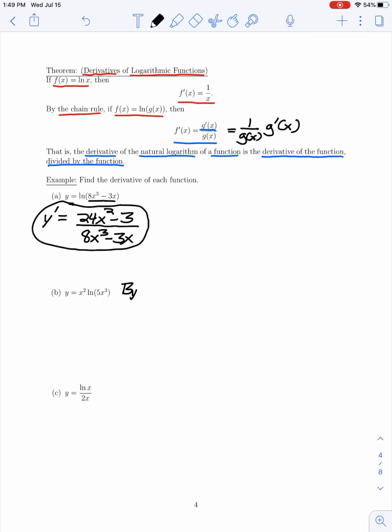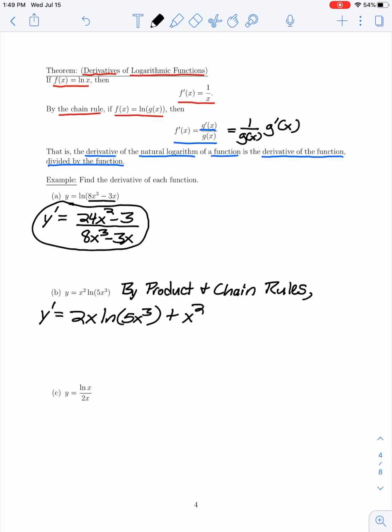So by using both the product and chain rules, we would have a derivative y prime of, well, we first differentiate the first function, x squared, in our product, which would give us 2x, and then we multiply by the second function in our product, which was the natural log of 5x cubed.